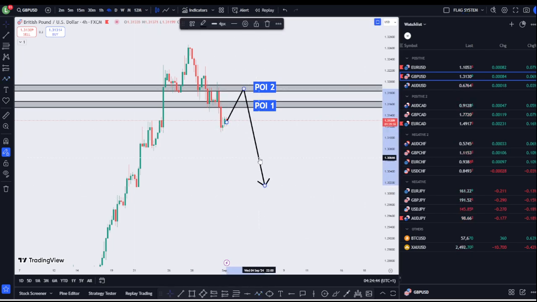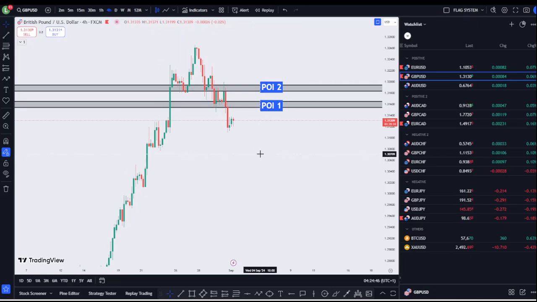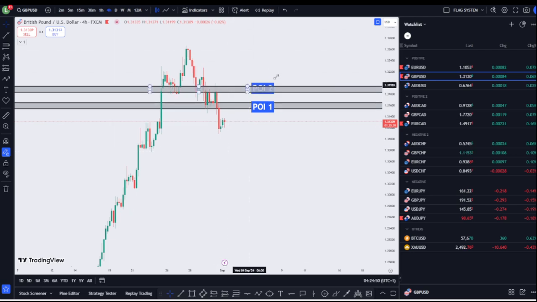And one thing you have to understand as a professional price action trader: don't just wait for price to come to this zone here and make up your mind that the market is going to sell 100%. No, the market doesn't work that way. That is why you're a price action trader.